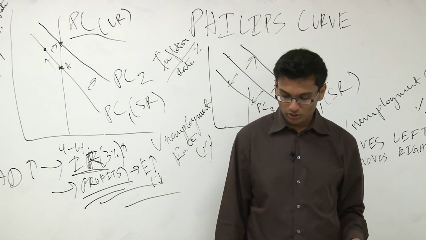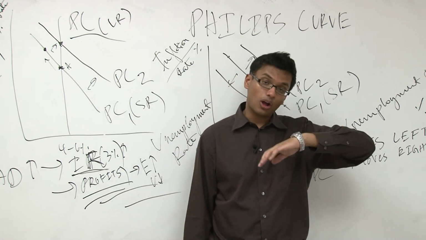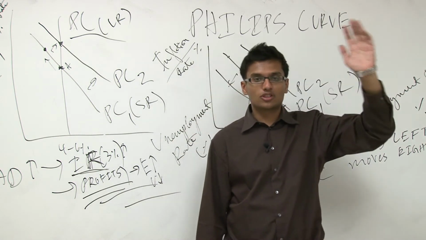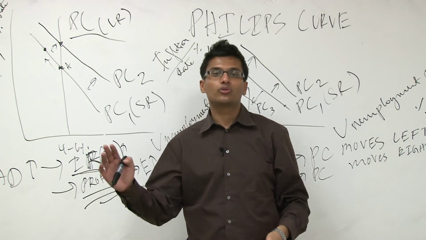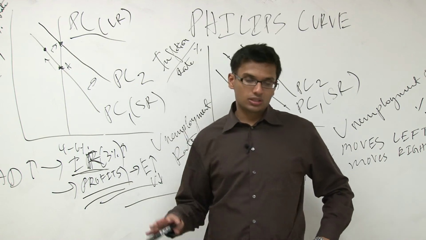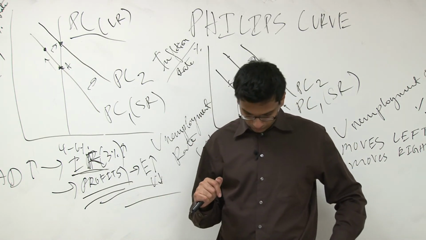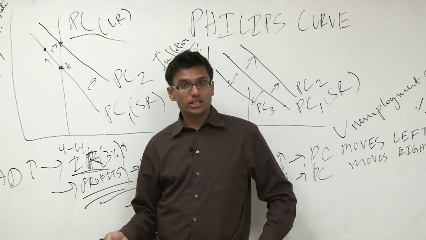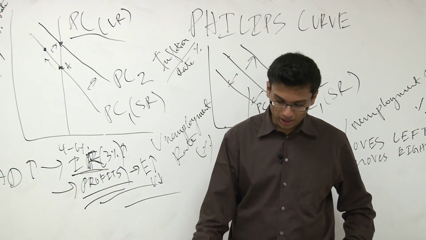If your AD moves, then you're almost always facing a higher price level and a higher GDP. In zone 1, you don't get as big a price level change as you do GDP change. In zone 3, you get a bigger price level change and a smaller GDP change. So understand SRAS is split into 3 different zones. When you shift AS, you have different consequences, including lower price levels and higher RGDP, which is great, or higher price levels and lower RGDP, which is absolutely terrible.